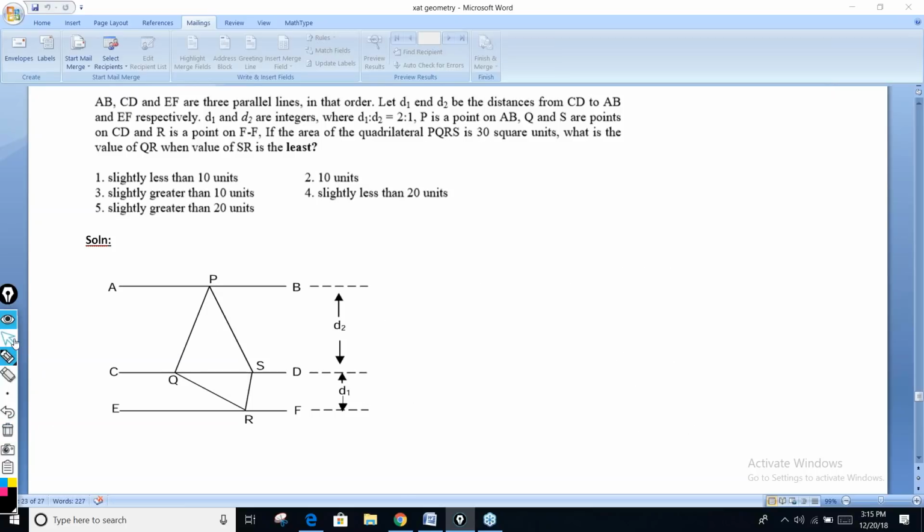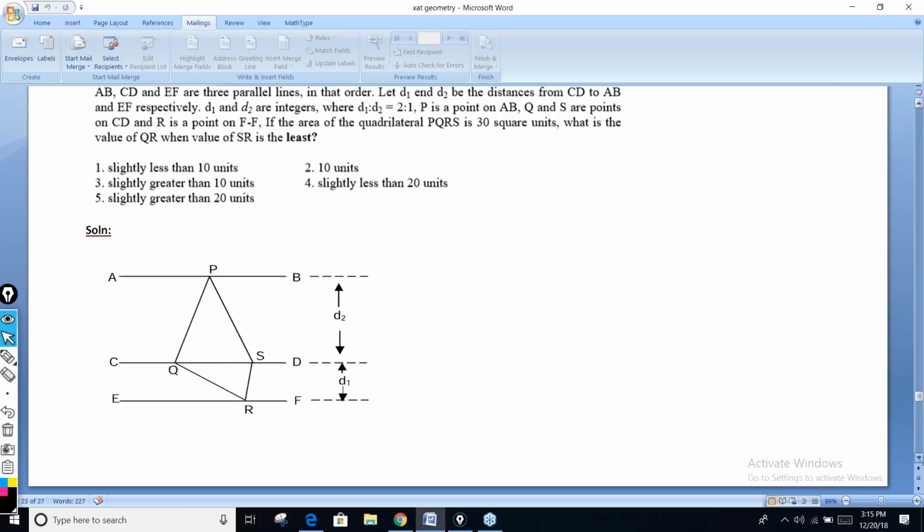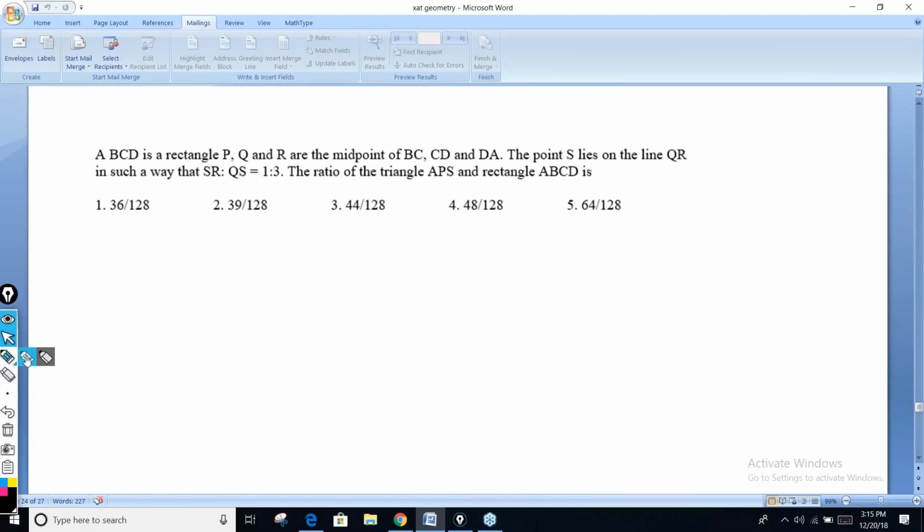Come to the next one. Yeah, this is the next one. ABCD is a rectangle. P, Q, R are midpoints of BC, CD and DA.